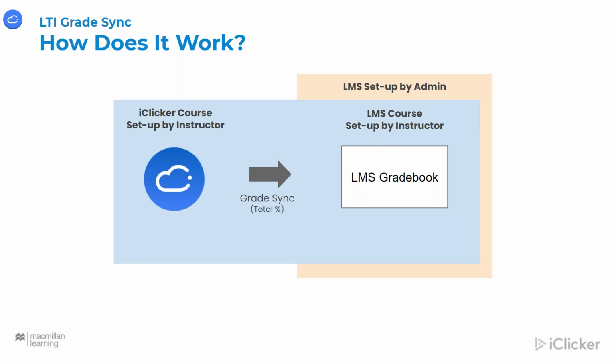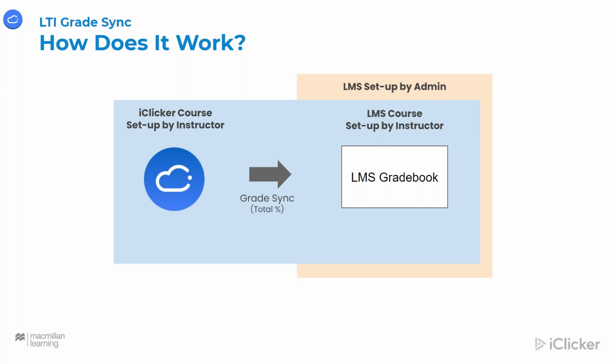Once the instructor sets up their LTI tool in the LMS, students will interact with this tool to associate their account, and that's how we recognize and link the students to do the grade sync between their iClicker account and their LMS account.